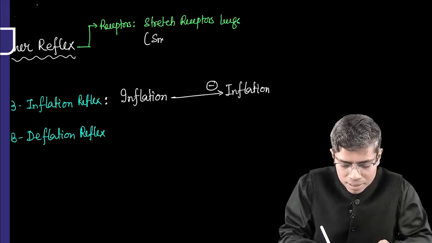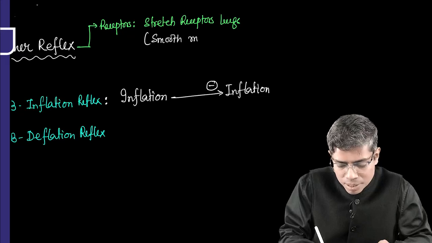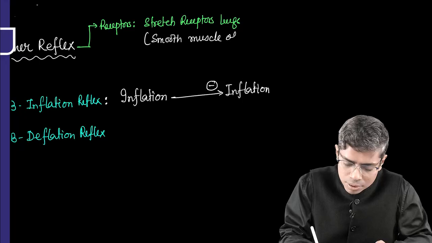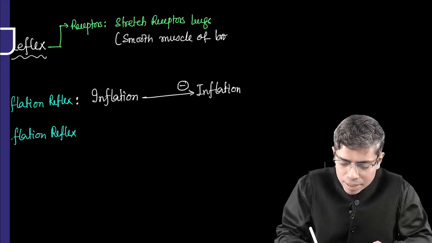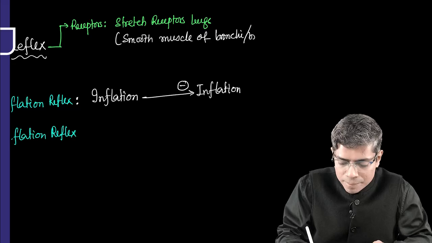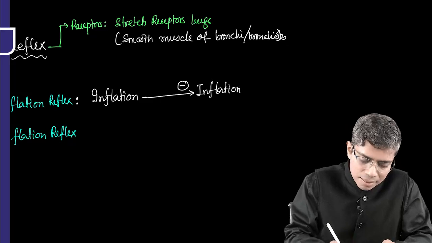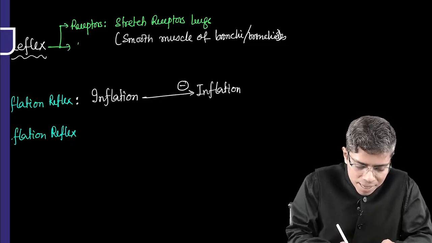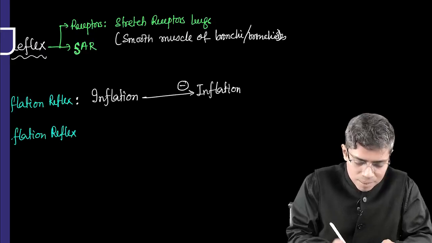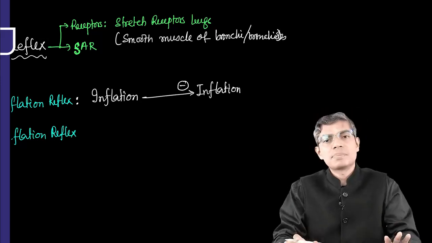They are located at the level of smooth muscles of bronchi and bronchioles, right? And they are slowly adapting type of receptor, SAR. For the time being, you remember slow adapting receptor.